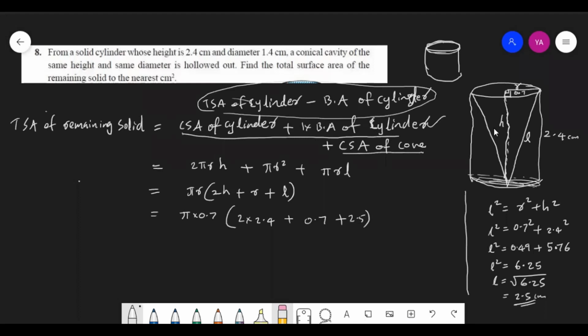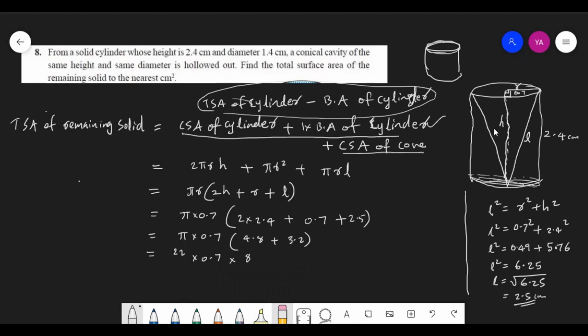Next step: pi into 0.7 into the bracket, 2 into 2.4, which is 4.8, plus 0.7 plus 2.5, which is 3.2. Next, pi into 0.7 into the sum, which is 8.